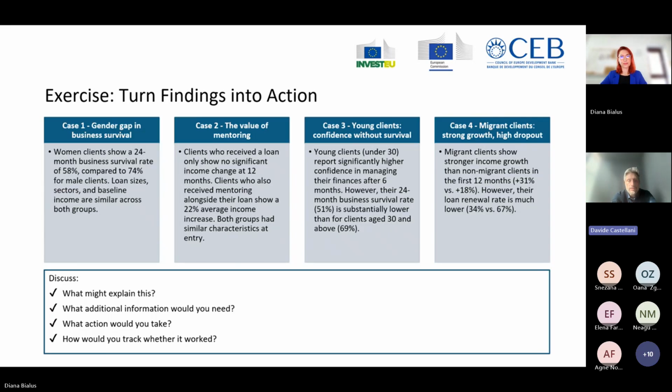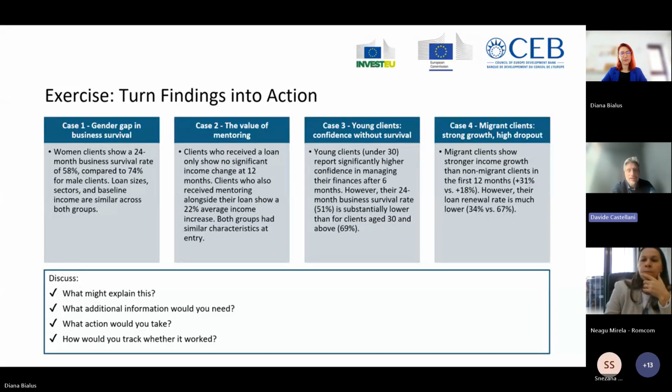The third case is young clients. We call it confidence without survival. So young clients under 30, that are a target for the European Union, report significantly higher confidence in managing their finances after 6 months. You know that because you have conducted a survey on financial confidence, on financial health.